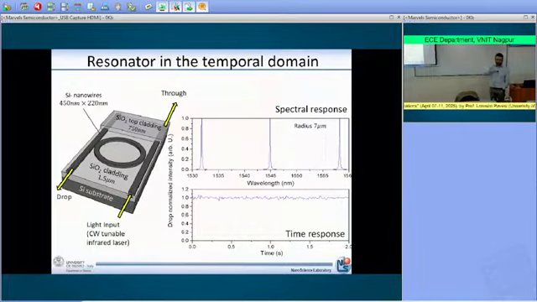Some noise, because this is instrumental noise, but the signal is constant. And now you start to increase the input power. If you increase the input power, you are moving from a linear response like this one to a nonlinear response where the properties of the microring resonator depend on the input power.